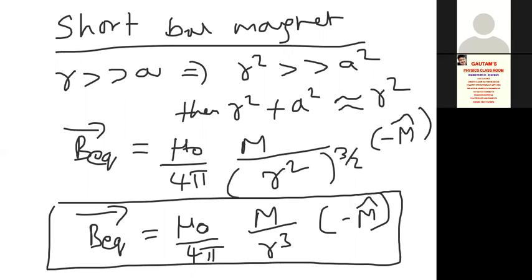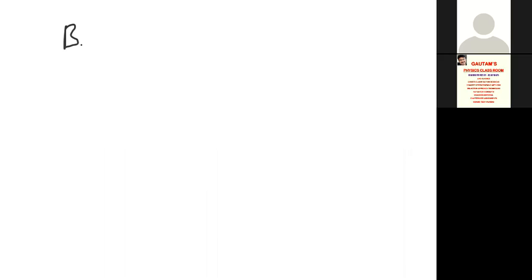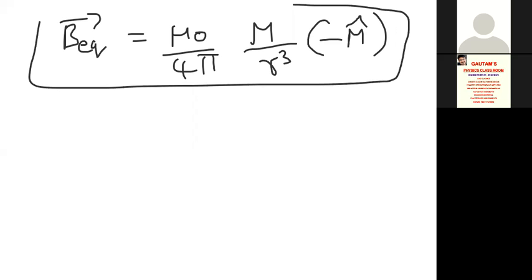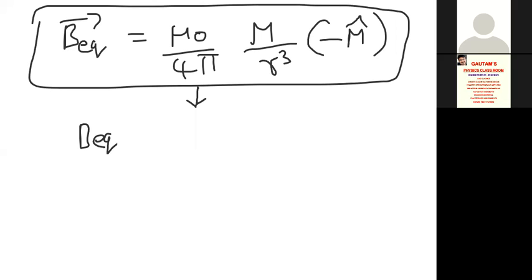Let me write this again on the next page. B equatorial bar is equal to mu naught by 4 pi, m by r cube, into minus m cap. This is the expression we got. Without vector, I can write B equatorial is equal to simply, we remove the bar, mu naught by 4 pi, m by r cube.